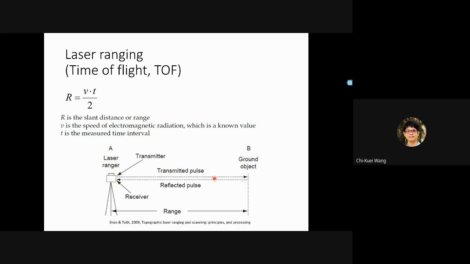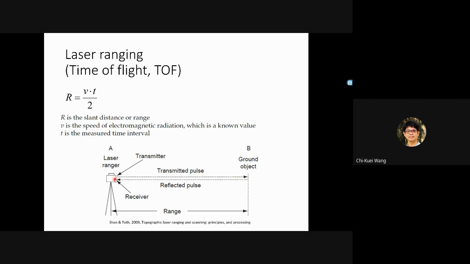This is called the range. So how do we measure the range? We send the laser pulse out, and we wait for it to come back. So we actually measure the time interval of the pulse going from the LiDAR to the object and coming back.